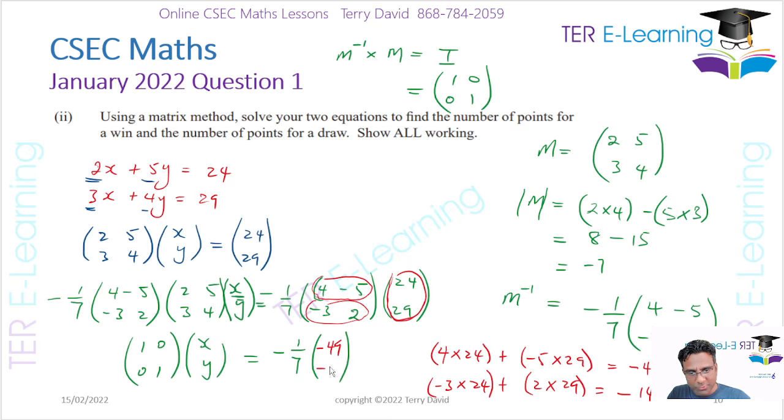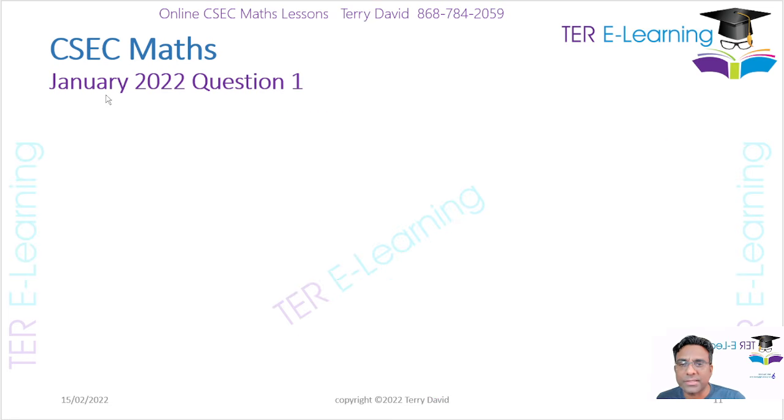So therefore minus 14 is going to come here. Let's just write that across here so we understand what's happening. 1, 0, 0, 1 by xy is minus 1 over 7 minus 49 minus 14.